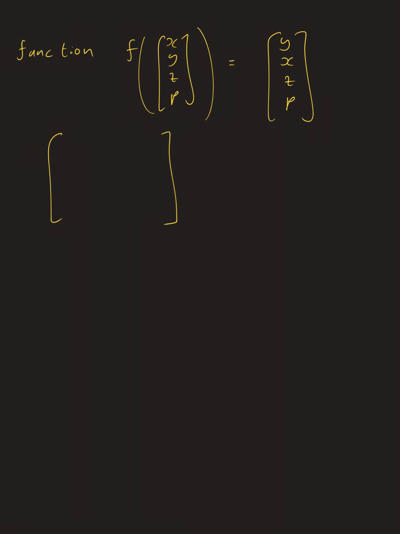Well, I want it to act on x, y, z, and p, right? And I want it to return y in the first place. So what does the first row need to be to give me y? Well, how many x's do I need? Well, it's 0. How many y's? 1. No z's and no p's.